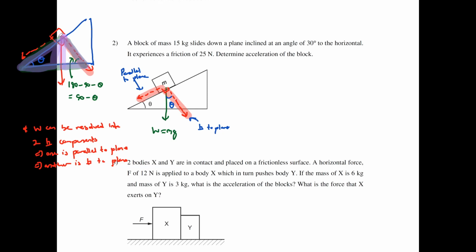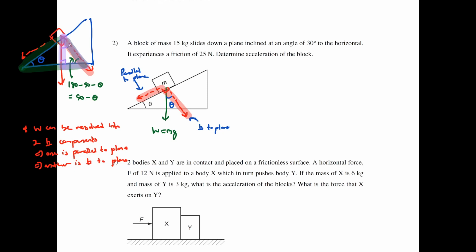Okay, so what you want to do now is this. You want to talk about this triangle instead. Sorry, you're talking about this triangle. This triangle here is actually another right angle triangle where this one is 90 degrees.